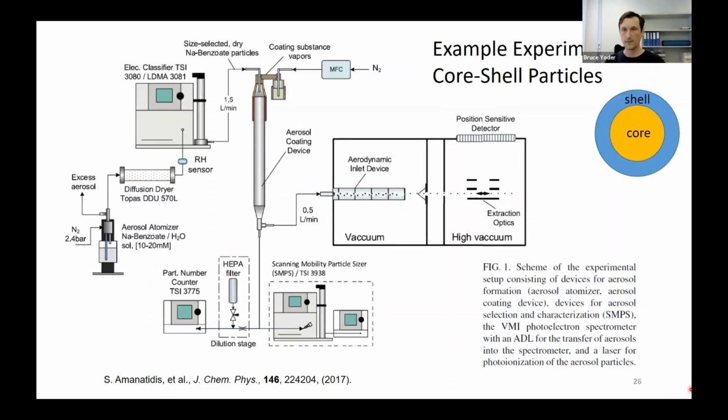Okay. Here's an example of an experimental setup where we generate size-selected aerosols that we coat with a nanometer precision shell. So we generate our aerosols here, the sodium benzoate and water, dry off the water. We have sodium benzoate cores where we can size select between the dry sodium benzoate cores are 70 to 150 nanometers.